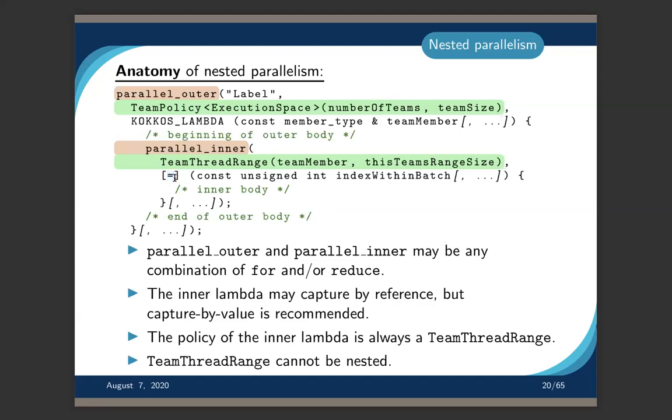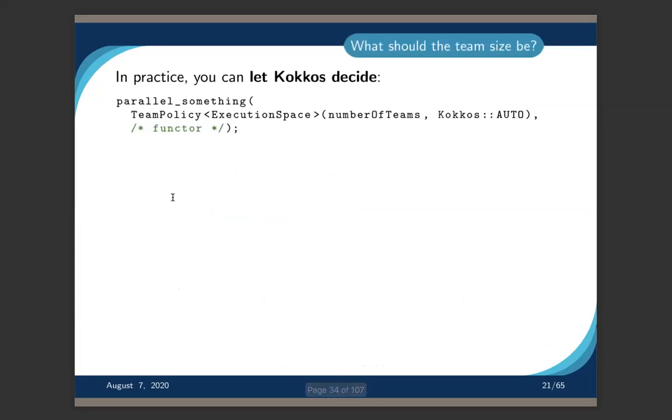If you use our Kokkos Clang fork, with the clang-tidy rules we have in there, even if you use a capture by reference here, we will catch it if you do something with capture by reference which is illegal. So that could potentially help.